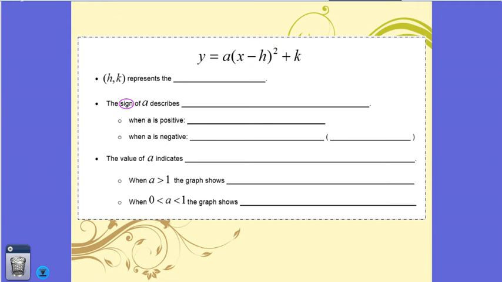To summarize all of these changes, we can look at this standard format that is very similar to what we've seen so far when talking about our vertex and completing the square. h, k still represents our vertex. The sign of a, meaning whether a is positive or negative, describes how the parabola opens, its end behavior.